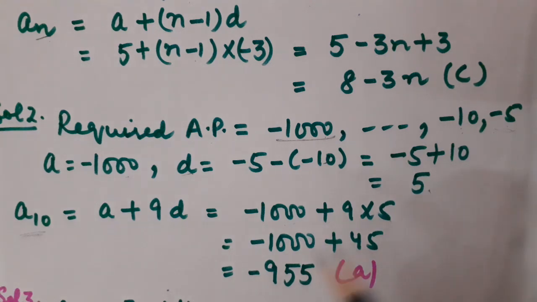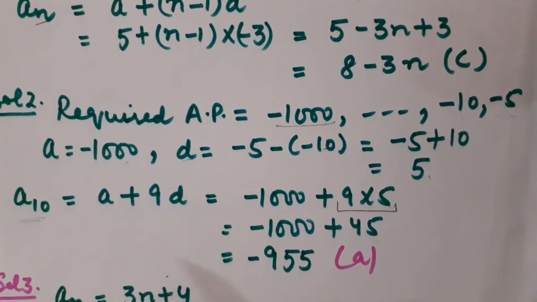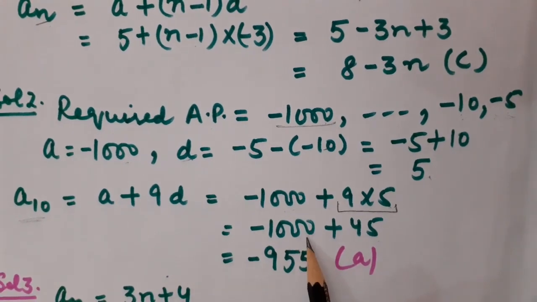So apply BODMAS. You have to go for the multiplication first. 9 5s are 45 and this is minus 1000. Subtracting 45 from 1000, but the sign will be minus. Why? Because the bigger value is with a negative sign. Okay. So it will be minus 955. So which is the right option? A option is the right option.